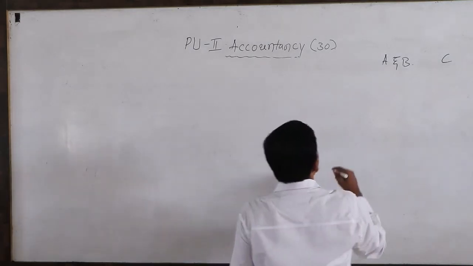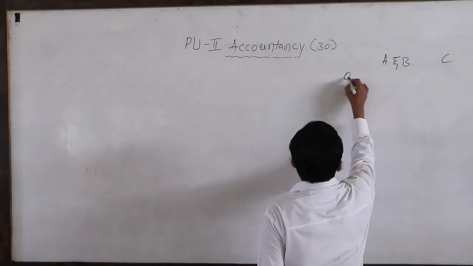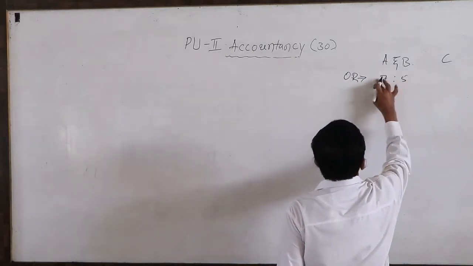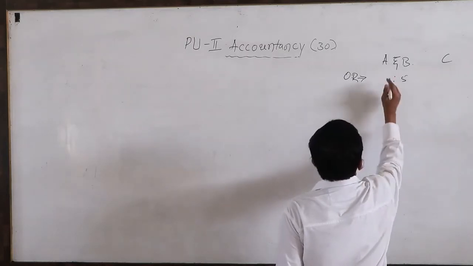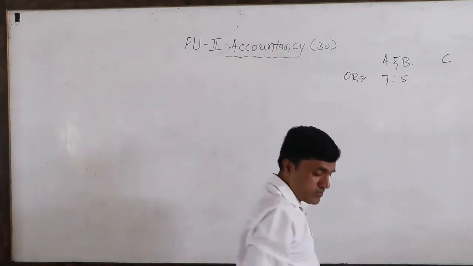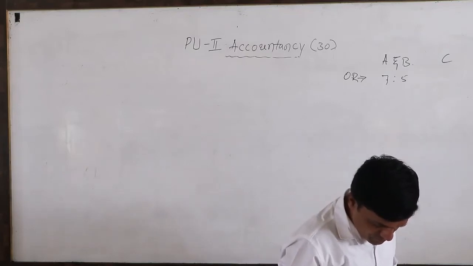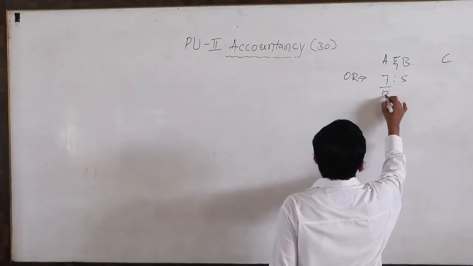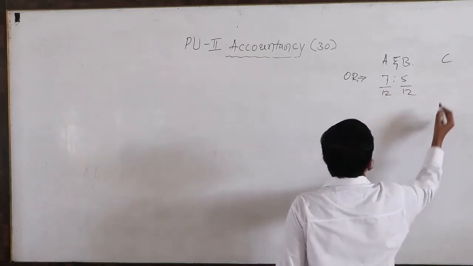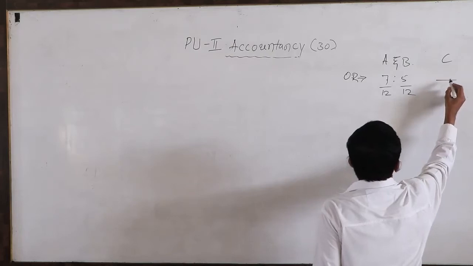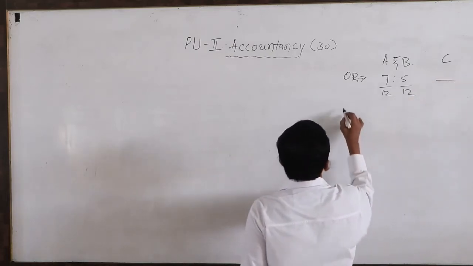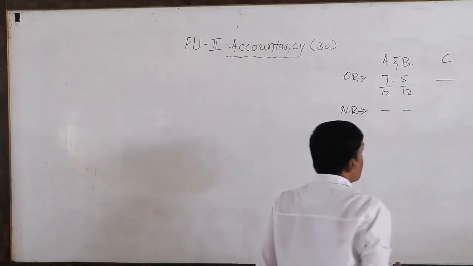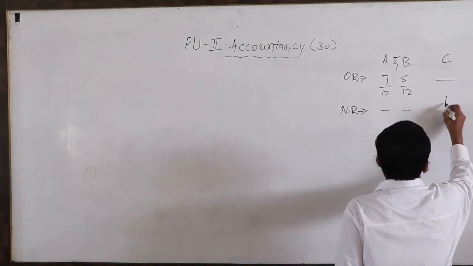The old ratio of old partners is 7:5. 7:5 means 7/12, 5/12. The old ratio of C will not be there. The new ratio of C is 1/4.